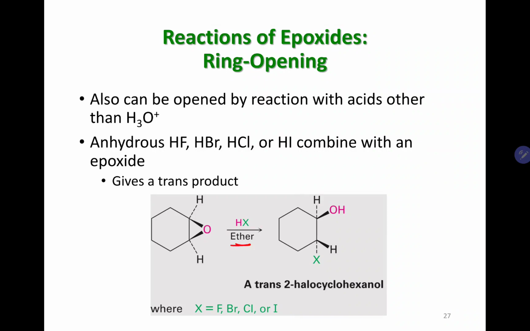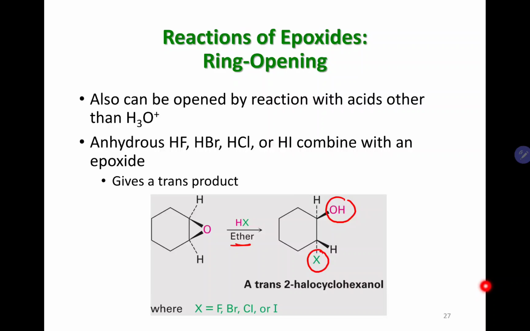Okay, so this reaction is somewhat similar to the previous ring opening reaction, but the main difference is that instead of giving a diol, this will basically give you an OH group on one carbon and a halogen on the other carbon.